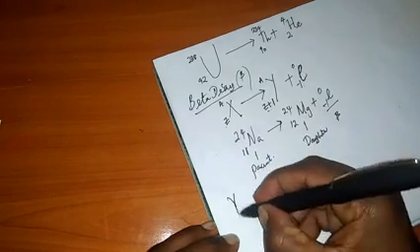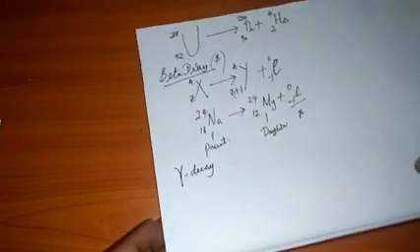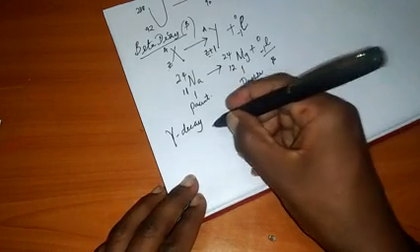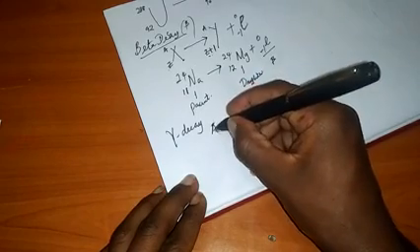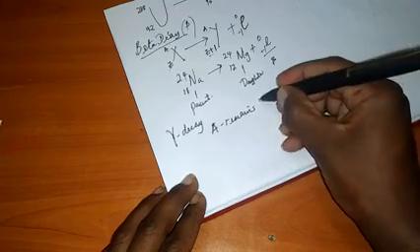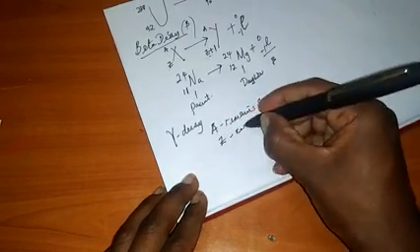Now gamma decay. If a nuclide decays by releasing gamma, the mass number remains the same, and the atomic number also remains the same.